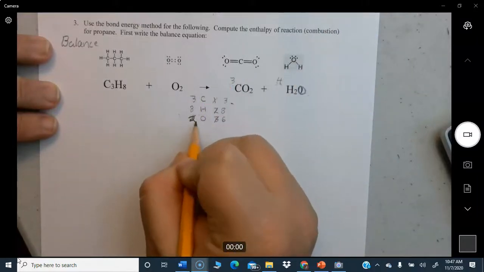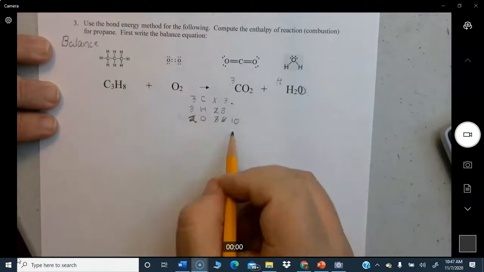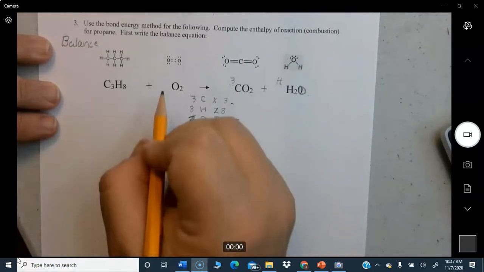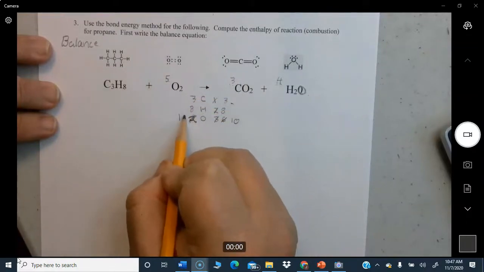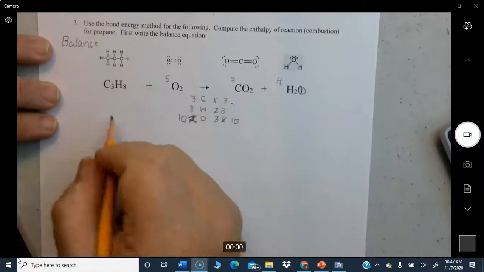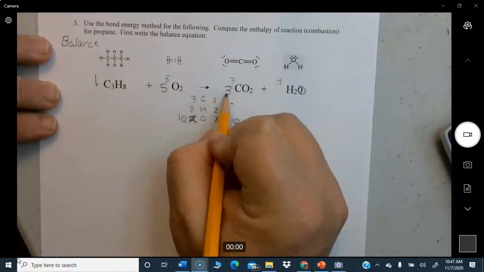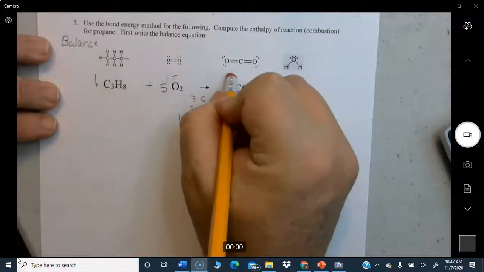I still have that 2 there, so this scratches and becomes 10. So I have 10 on this side, 2 on this side. That means if I multiply this by 5, I will have 10. Okay, so everything's in balance. So it's 1, 5, 3, 4, and I'll erase the temporaries up here.